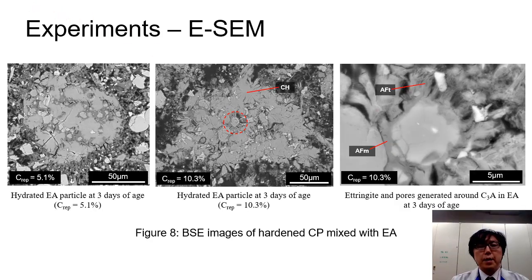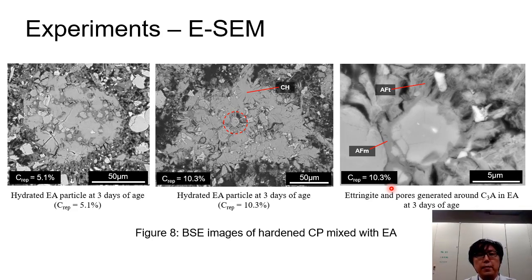Also, here are images of the expansive additive particles after hydration. The left side is a replacement ratio of 5.1%, the center is 10.3%, and the right side is an enlarged photograph around C3A with a replacement ratio of 10.3%.